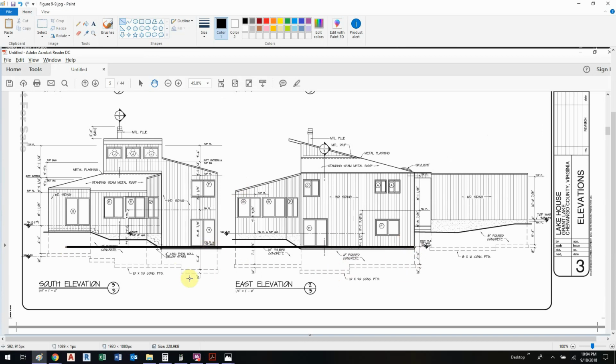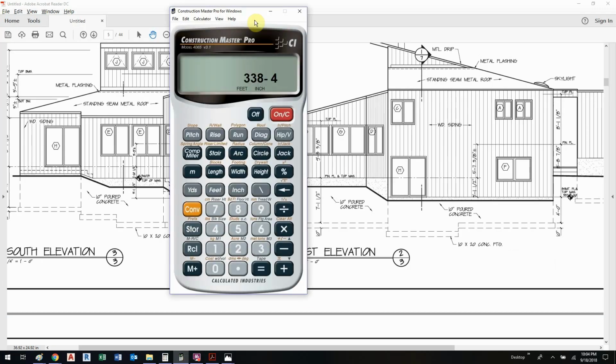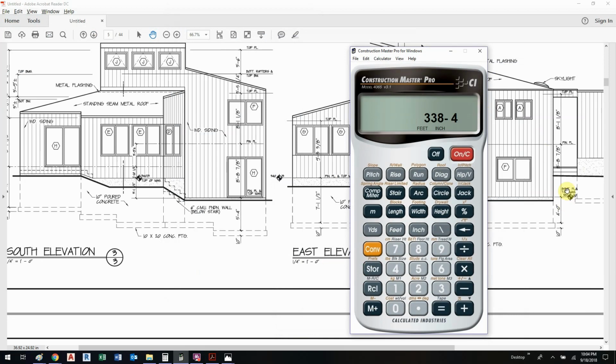So if this and this are the same, then we can obviously go back over to our little handy dandy computer calculator here, and we can say, well, we've got 337 feet. All right, and we're going to subtract 5 feet 4 inches. Let's try this again.